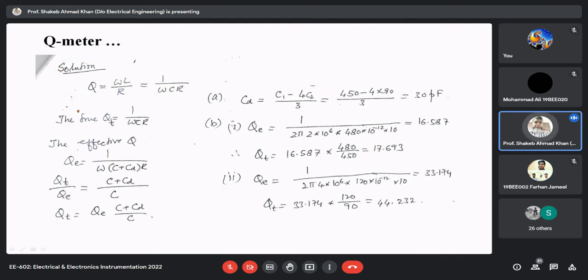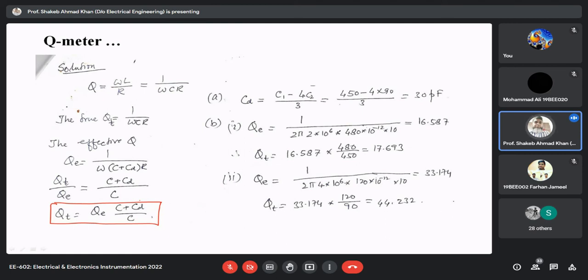Now we'll take the ratio of the true value and the measured value. So your true value will be equal to the measured value into this factor. This is the formula you can use to correct your measured value, and this formula will take care of the effect of the distributed capacitance.